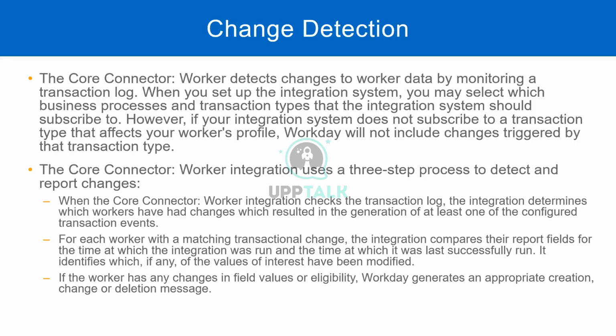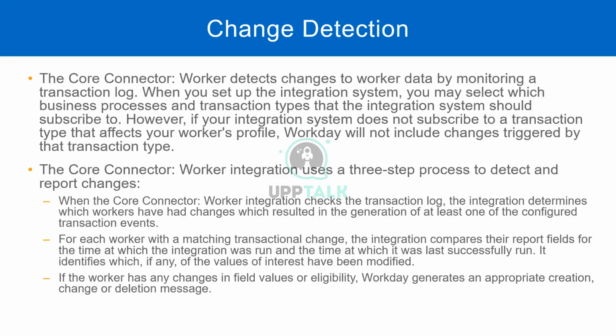So the core connector worker integration uses a 3-step process to detect and report changes. First, it looks at the transaction log and determines which workers have changes that it is monitoring. What kind of changes have happened to a worker?